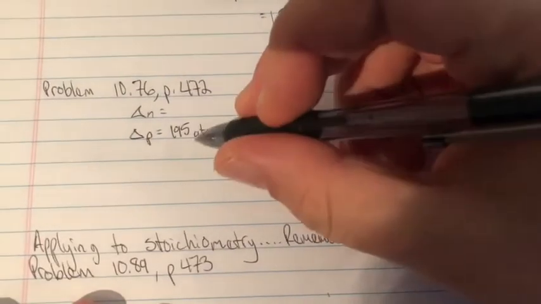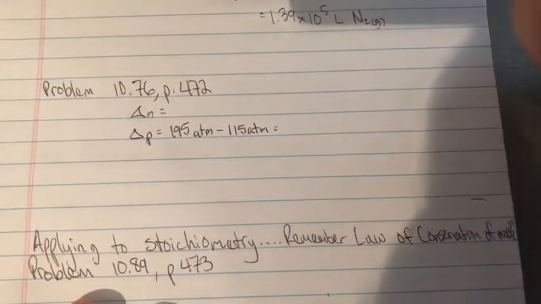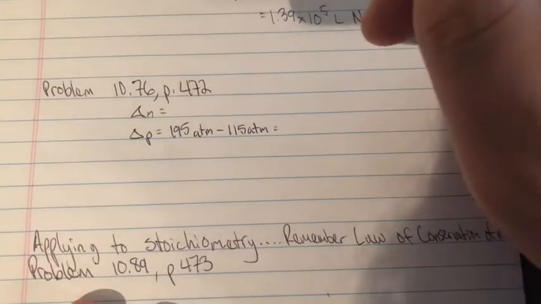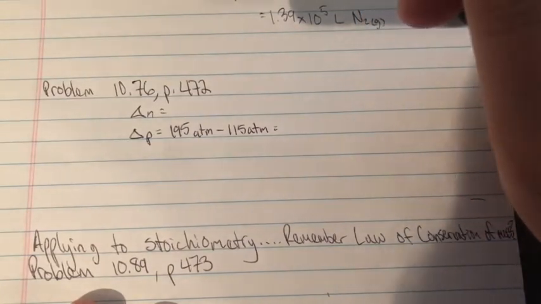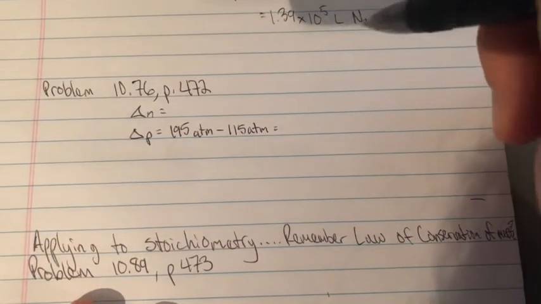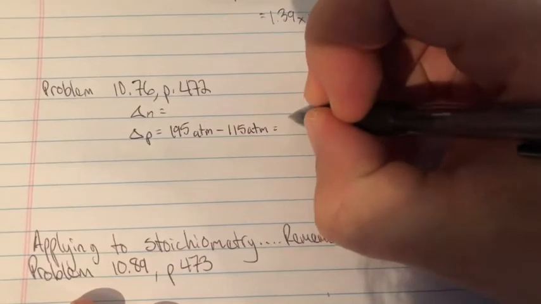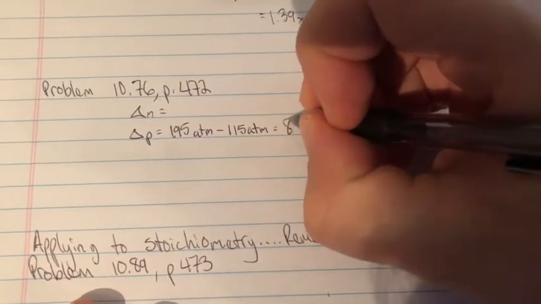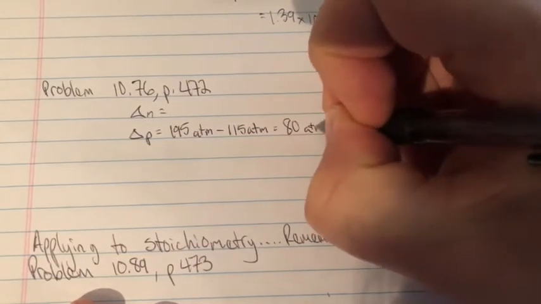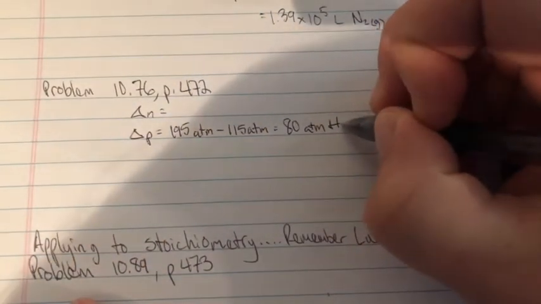So that's a difference of, and you want this to just be positive, right? You're not going to get a negative pressure. You're not going to get a negative 0 Kelvin, what have you. Okay, so that difference is going to be 80 atmospheres of helium that's dropped.